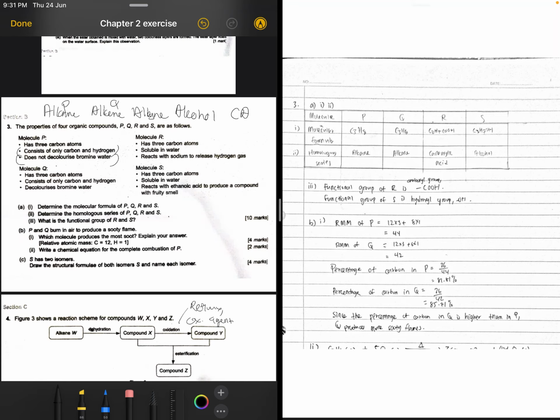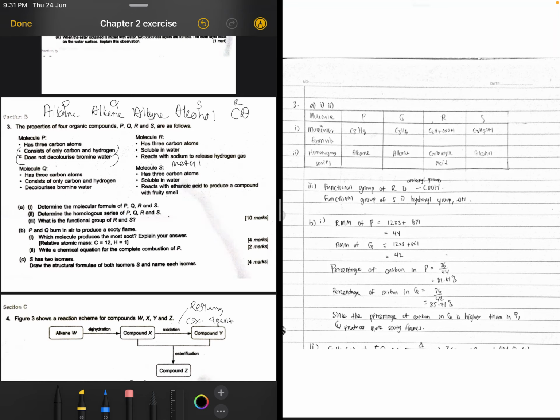After that, R is soluble in water, so it's either carboxylic acid or alcohol. And here's the main part: it reacts with sodium to release hydrogen gas. Sodium is a metal, and only acids react with metal, so it's carboxylic acid. The last one reacts with ethanoic acid to produce a compound with fruity smell. Of course, it's alcohol, because only alcohol and carboxylic acid can form ester. So now we know what P, Q, R, S are. That's how we answer A1 and 2.